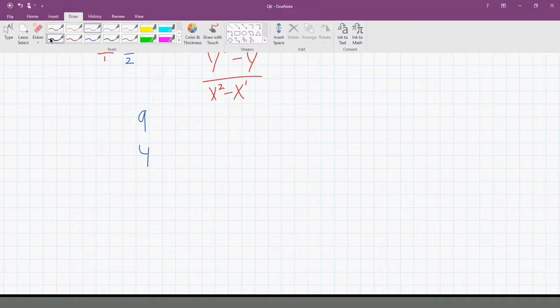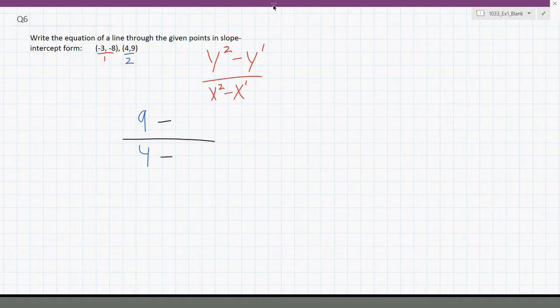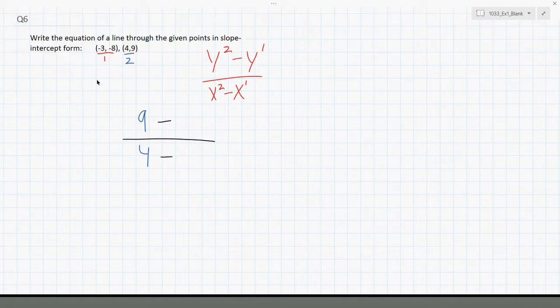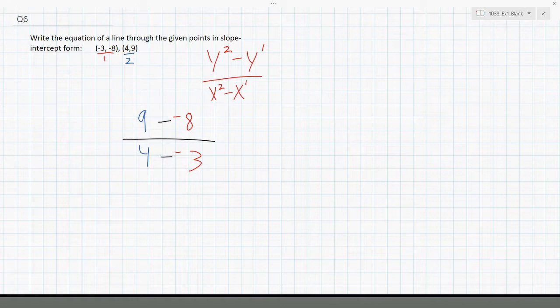I'm going to draw this all pretty, just so I don't confuse anybody out there. Minus, minus, and then for the red ones, you have the -8, -3. Maybe this wasn't my best movement, but you can see now that the 9 comes from the second pair, and that's the y2, minus the y1, including its sign, sitting there.